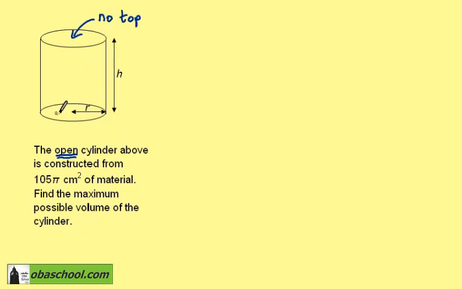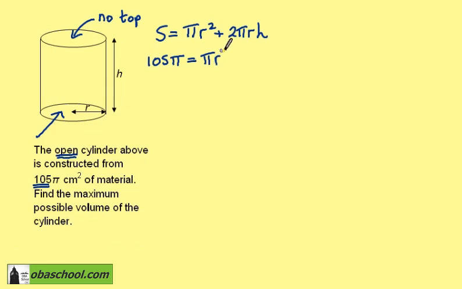Since it has no top, the surface area of the material is made up from the circular bottom and the curved surface of the side. The surface area therefore is pi r squared for the bottom and 2 pi r h for the curved surface of the side. We know this is 105 pi, so 105 pi is equal to pi r squared plus 2 pi rh.